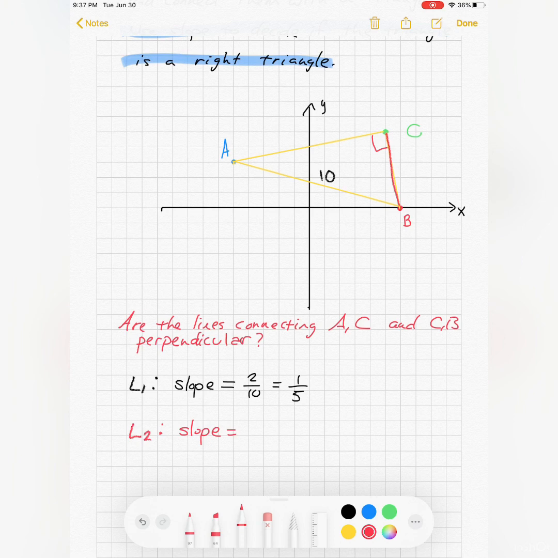Starting at C and ending up at B, what is the rise? Starting at C down to B, I fall by 1, 2, 3, 4, 5 units, okay? And the x increases by 1 unit. So the slope of that guy is -5 over 1.